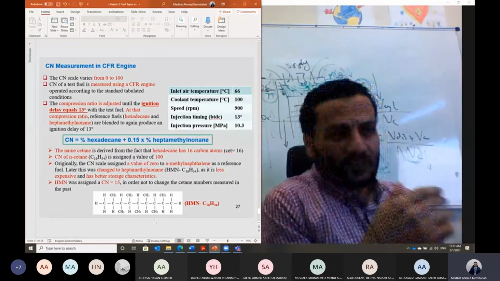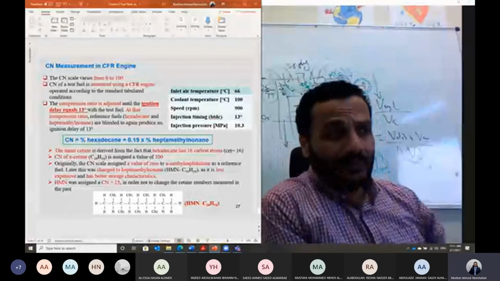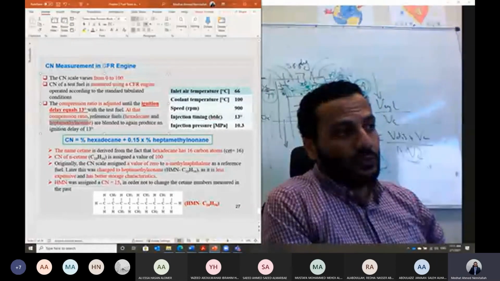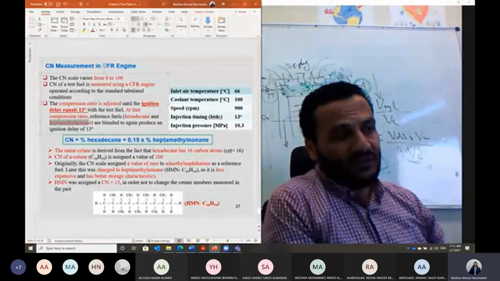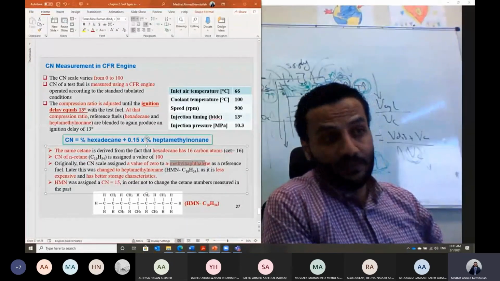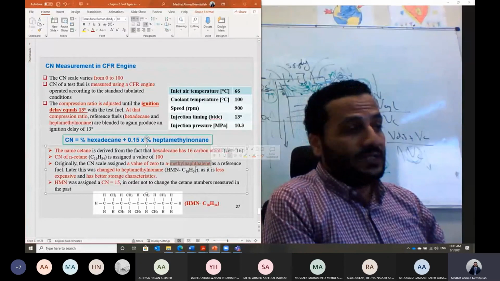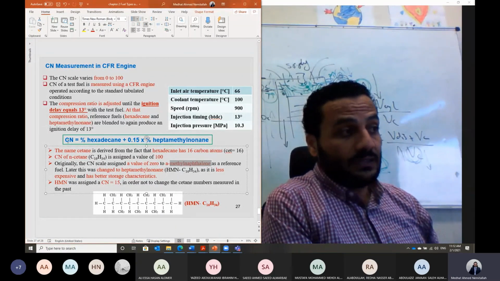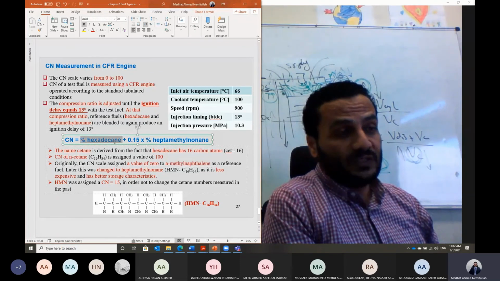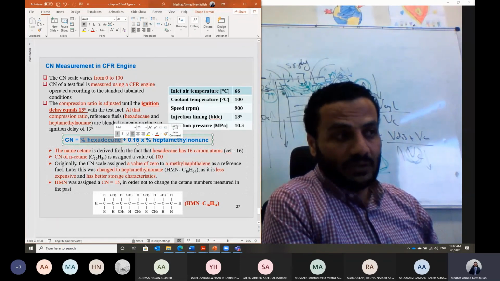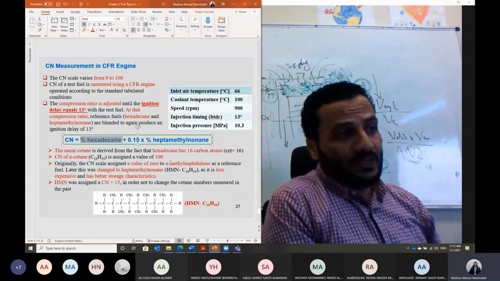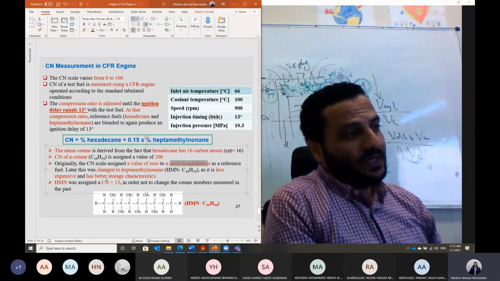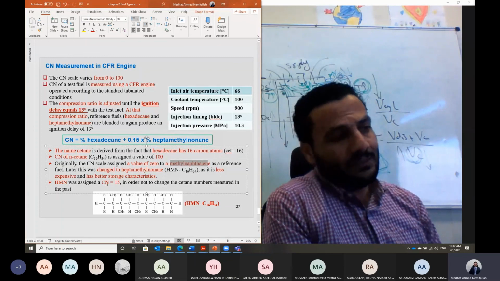And that should represent the cetane number of the fuel. Earlier, when they started the early stage of calculating the cetane number of the fuel, instead of heptamethyl-nonane, they used another fuel which is methyl-naphthalene. Methyl-naphthalene was assigned a cetane number equal to 0. So in this case, the cetane number will equal the percentage of the cetane fuel in the test mixture. But later on, they replaced the methyl-naphthalene by the heptamethyl-nonane, as the heptamethyl-nonane is a little bit better fuel.